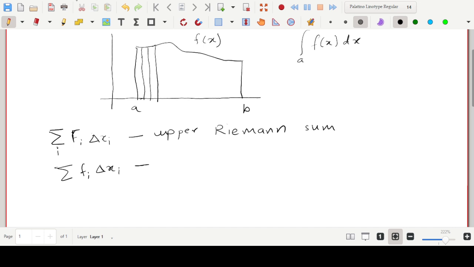And similarly, this small fi is some sort of minimum, and therefore this is the area of this small rectangular strip, which is approximated but certainly smaller than the actual area of the strip. So the summation will give us the lower bound on the area under the curve. This is called the lower Riemann sum.